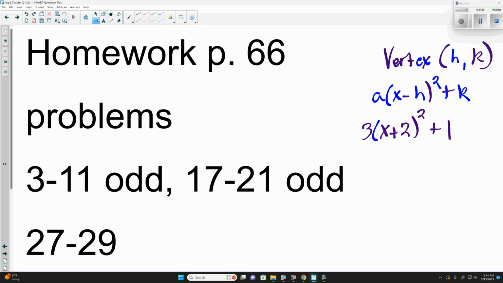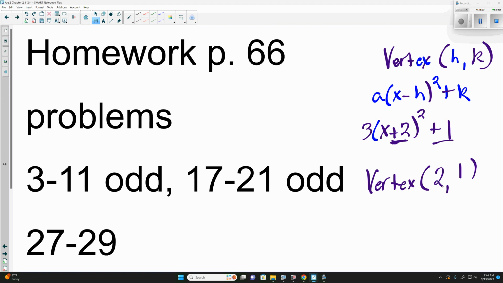So this is 27. I'm not going to do the description of the transformation. We're mainly looking at the vertex. Well, the value of k in this case is positive 1. So we just put it down as 1. The other part is the plus 2 inside.